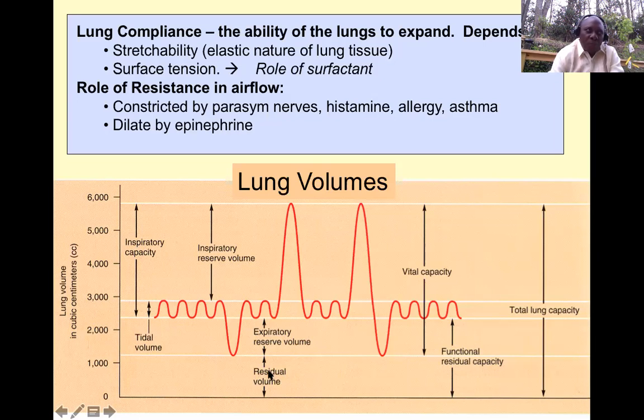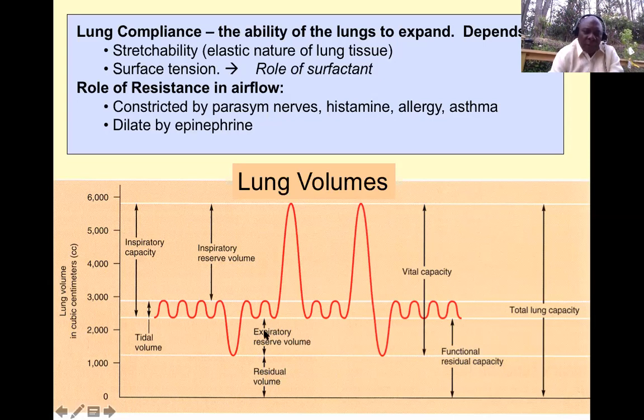And the one that's completely not available for expiration or inspiration is residual volume. Residual volume is not available for either inspiration or expiration. The air that's available for inspiration and expiration is vital capacity.